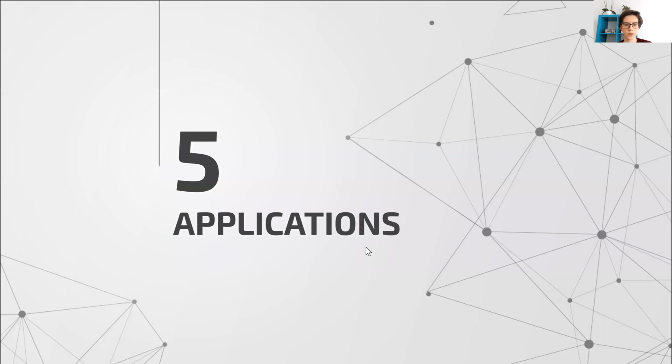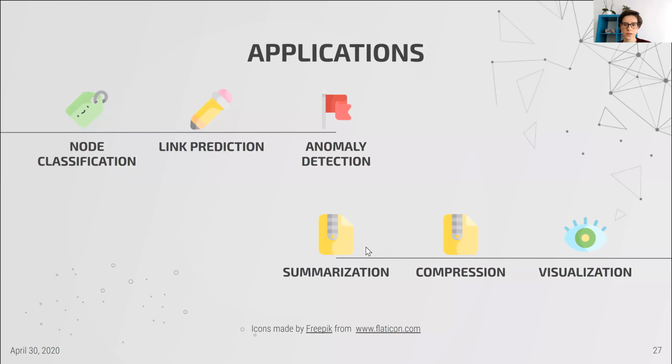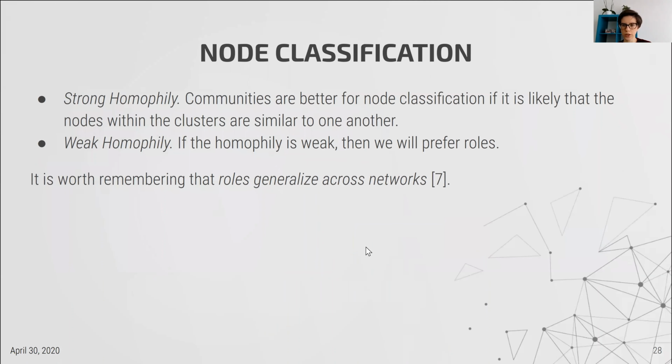Okay, so going on, I would like to cover these 6 applications of both community detection and role discovery, and highlight in which cases communities perform better than roles and the other way around. So if we talk about node classification, the main distinction we have to make is, do we assume that nodes belonging to the same class are similar to each other according to some attribute?